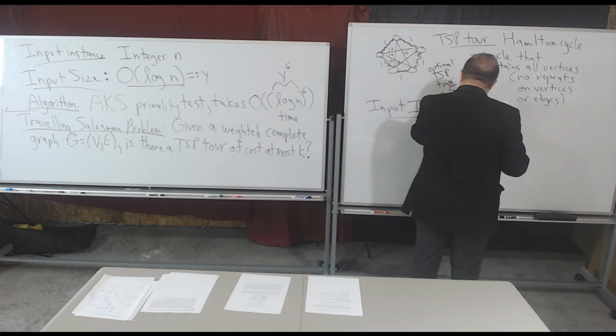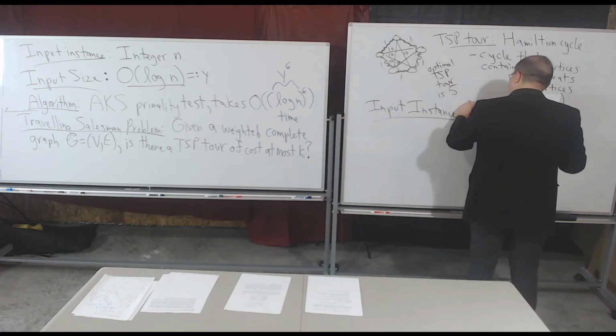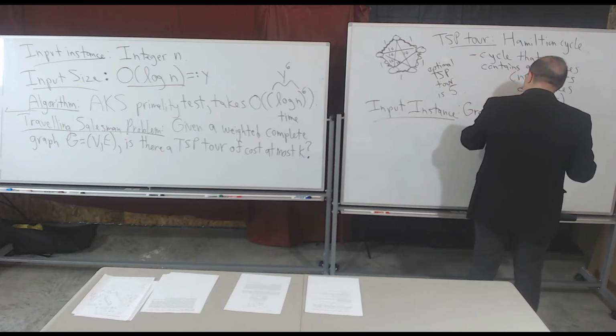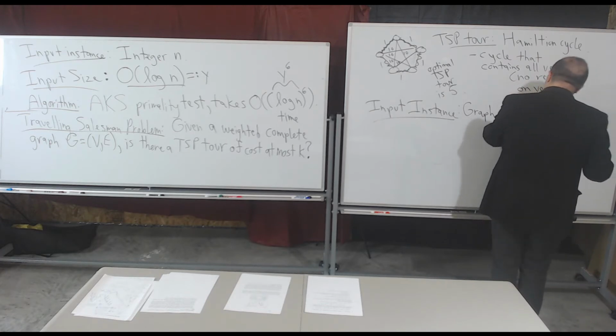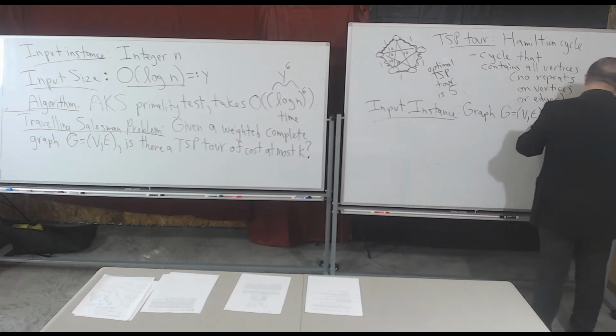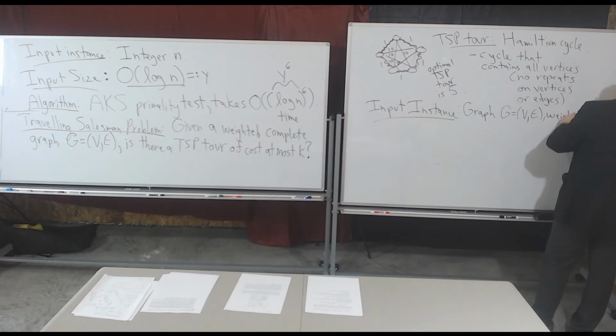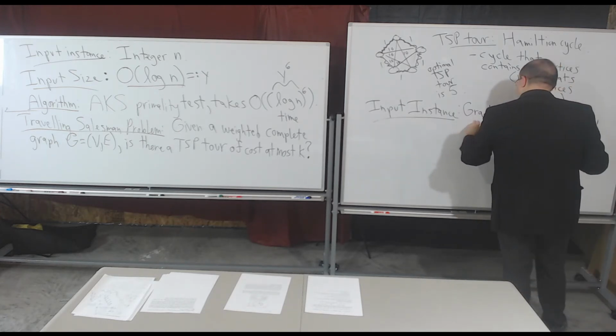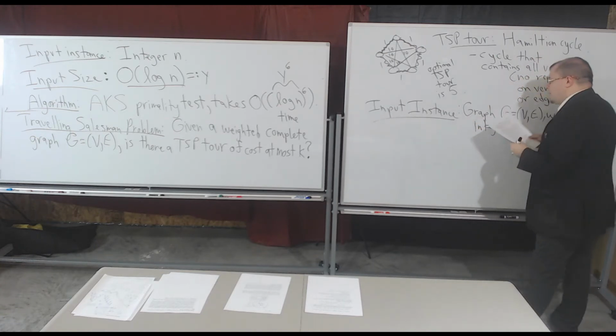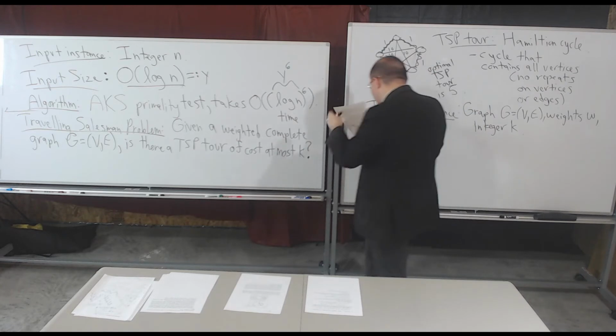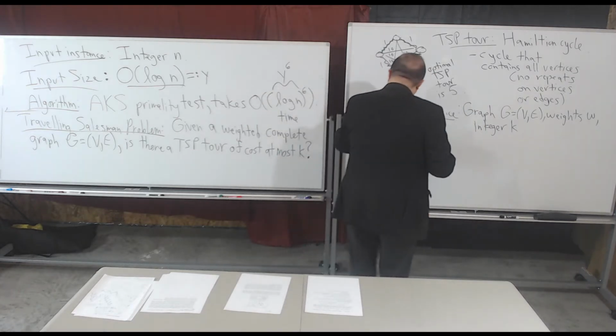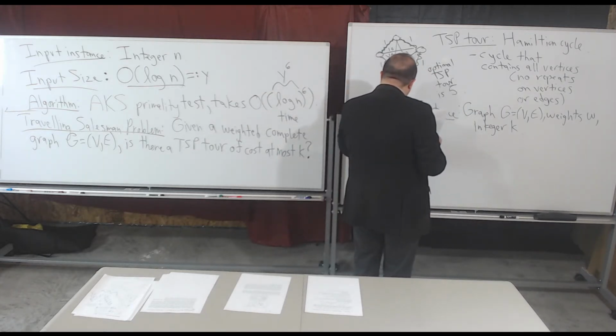So an input instance here is just a graph G, E. Again, you have the weights W and the integer K. So, what's the input size? It's going to be the same as we had last time.